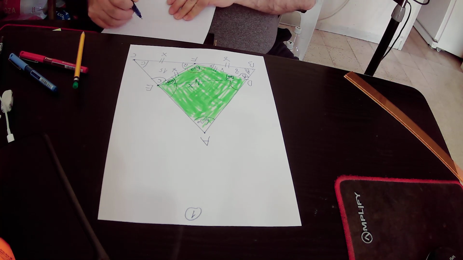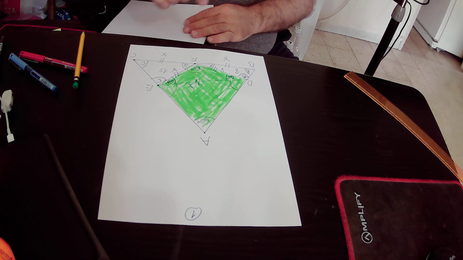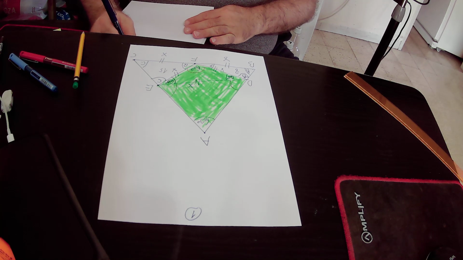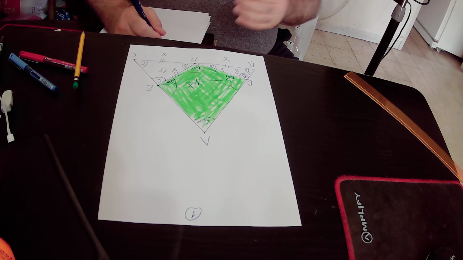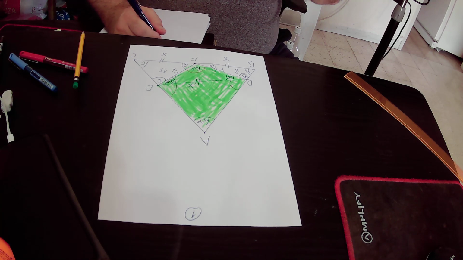Actually, AB is the side of triangle ABC, therefore it is a straight line. Therefore, we know that the sum of the angles on the straight line equals 180 degrees.